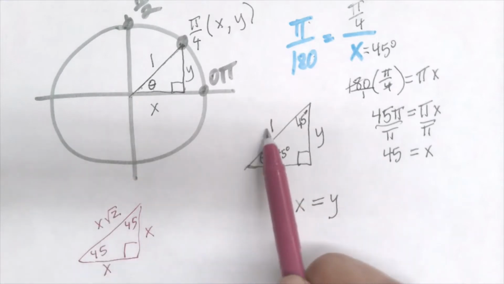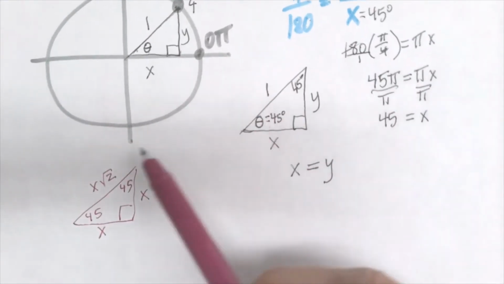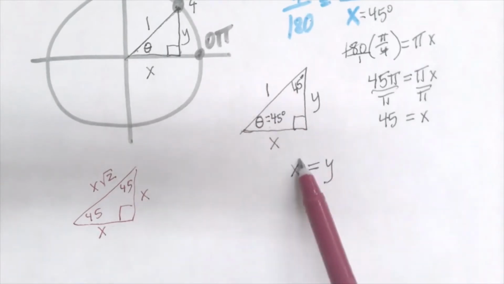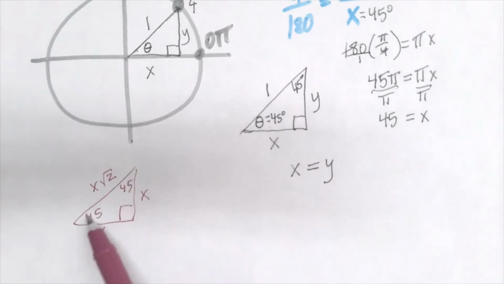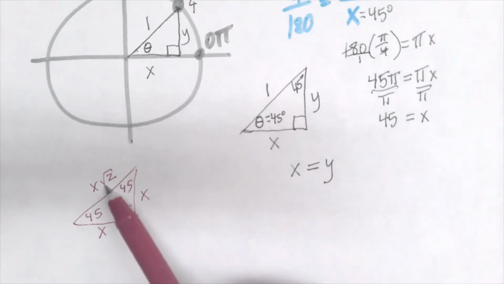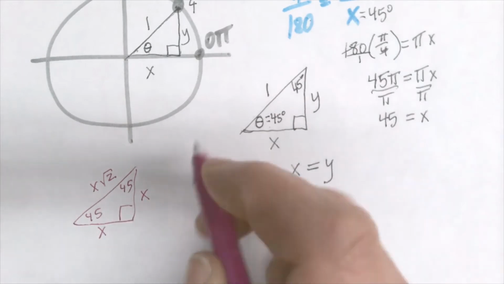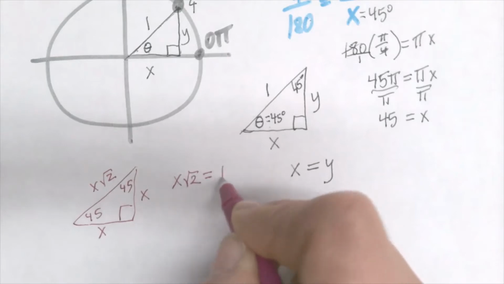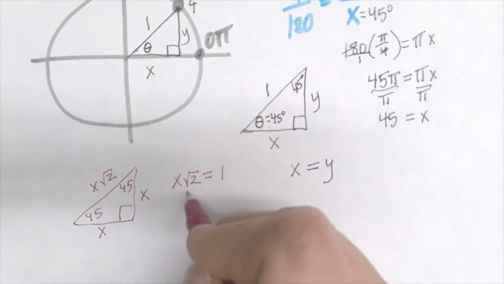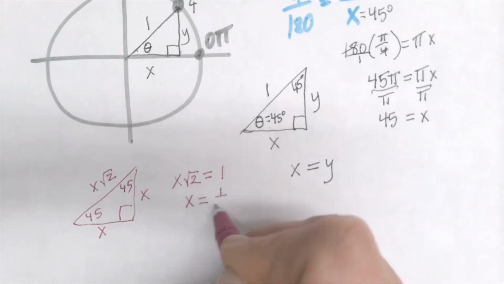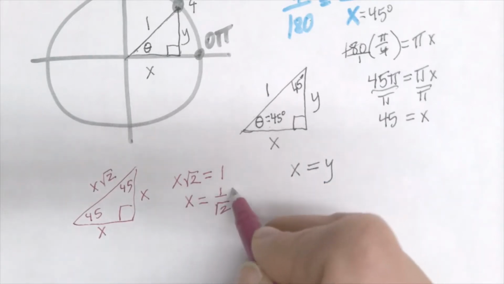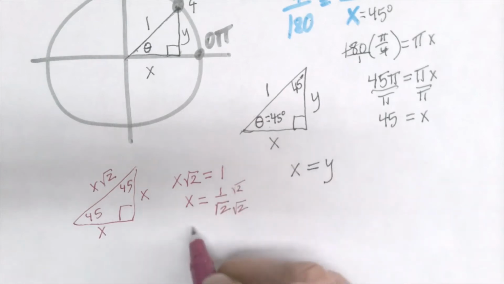So what this means is that if I know that x and y are the same, and I know that this hypotenuse is 1, and the connection between them is that x times the square root of 2 is the hypotenuse equals 1, then I can solve for x by dividing by the square root of 2. And then I'll rationalize my denominator. I multiply the top and the bottom by the square root of 2, rationalizing the denominator, so x equals the square root of 2 over 2.